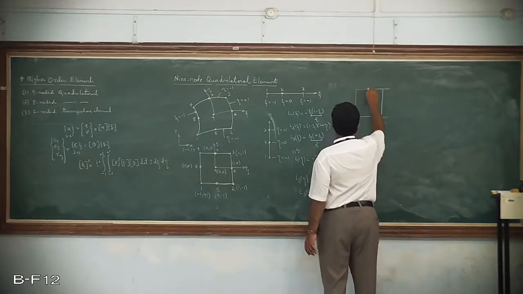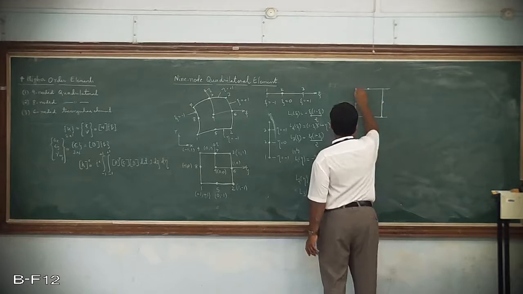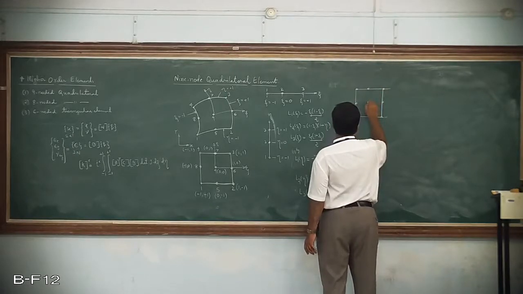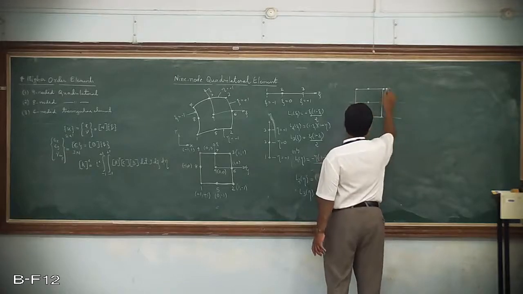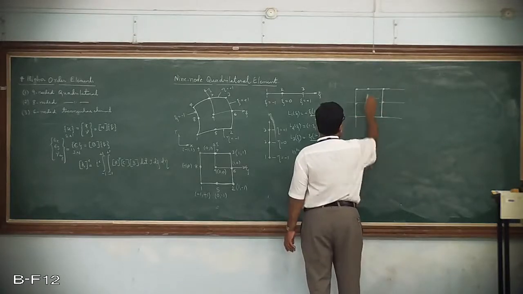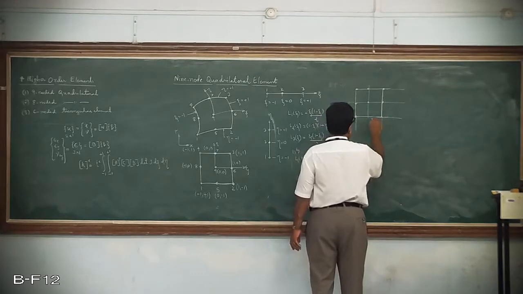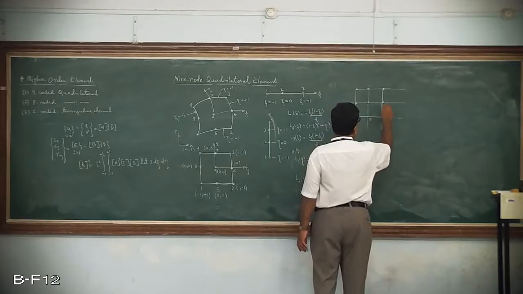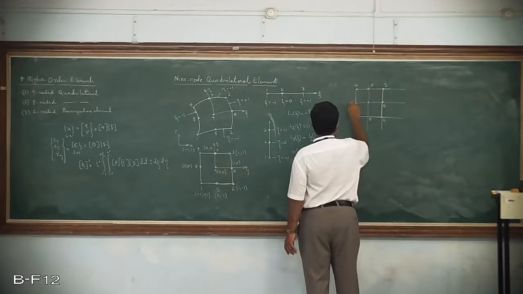Totally 9 nodes. These are the 8 and the center one. If I write here, here, here and here, what are these? 1, 5, 2, 6, 3, 7, 4 and 8.